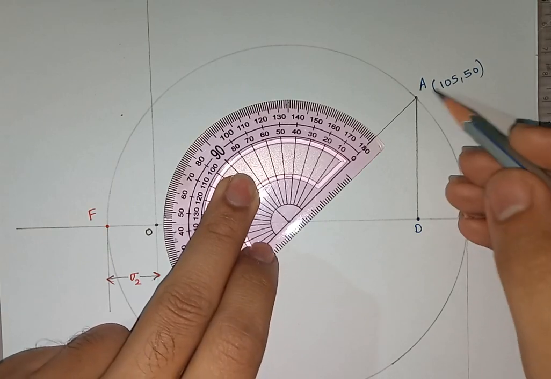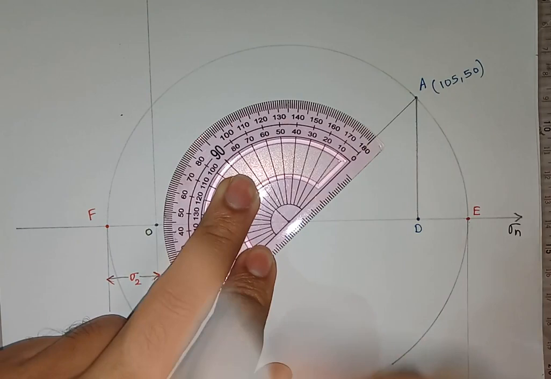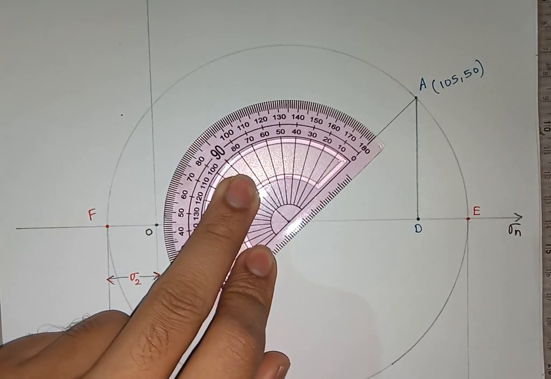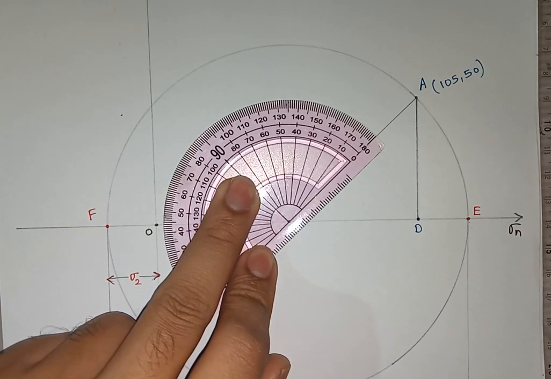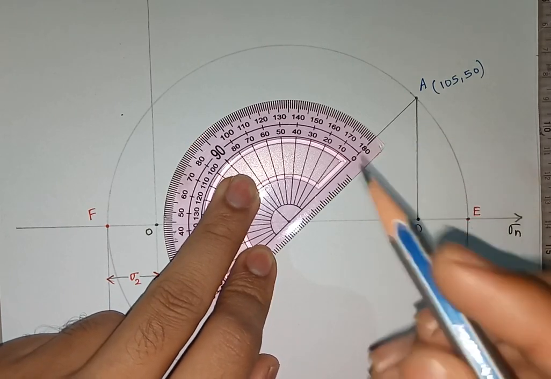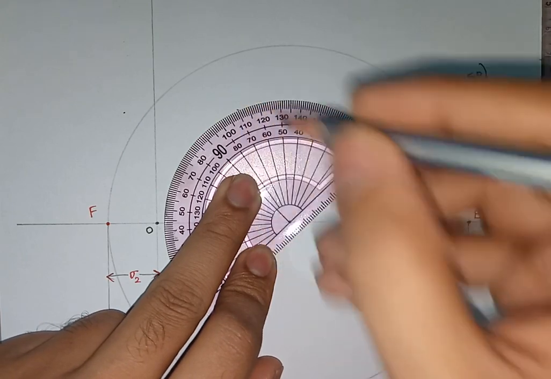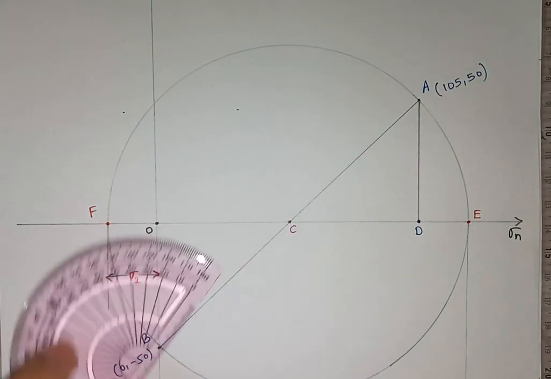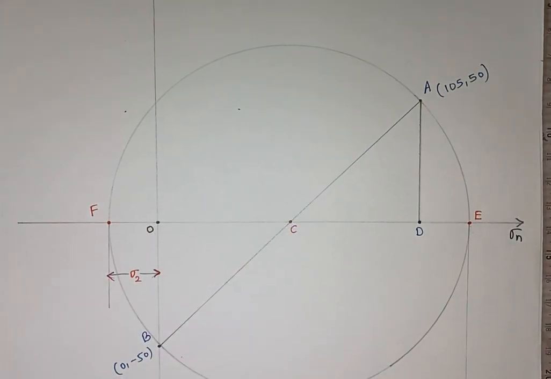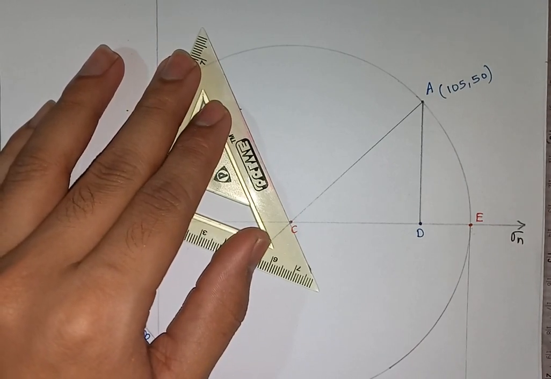Theta is 35, so 2 theta is 70. So from this, I need to mark a point at 70 degrees. Now this I call it as oblique plane.